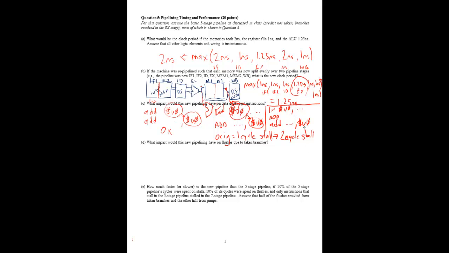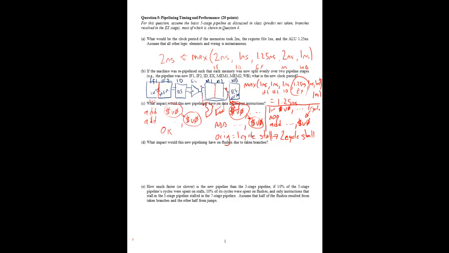On the original pipeline, this wouldn't cause a stall because there was an instruction in between the load and the use, but on this new pipeline, since the value isn't available until the end of M2, now this will cause a 1 cycle stall. For the same reason that the previous case had a 2 cycle stall, just delaying this instruction by 1 means we still have 1 more cycle stall to handle.